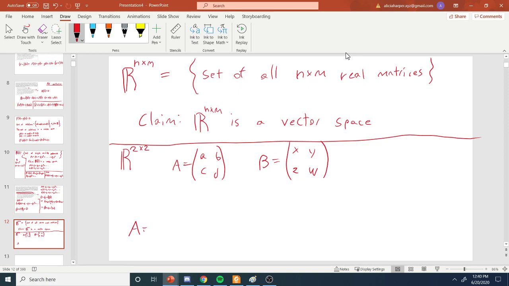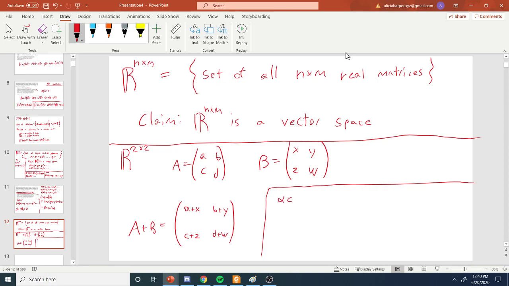Then we can form their sum, and we get the matrix that we obtain simply by adding component by component. So we have a plus x, b plus y, c plus z, and d plus w. And so this gives us our addition operation. And then we have a scalar multiplication operation as well. So let's suppose we have a real alpha, and we multiply our matrix A by alpha.